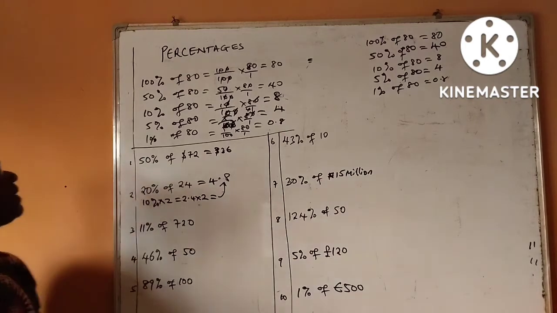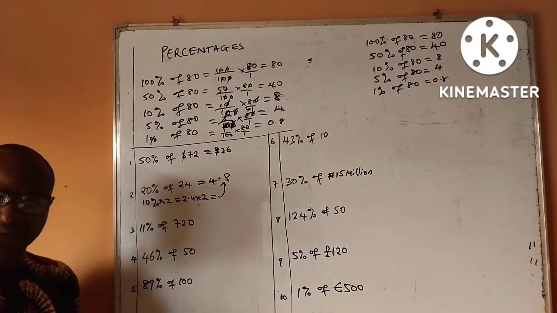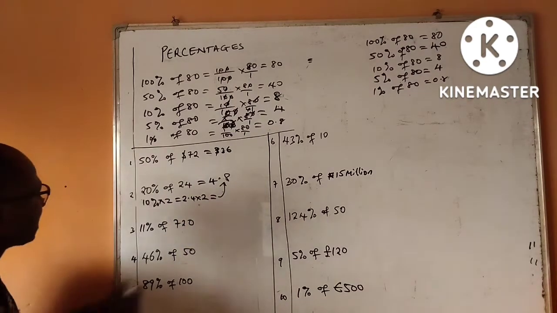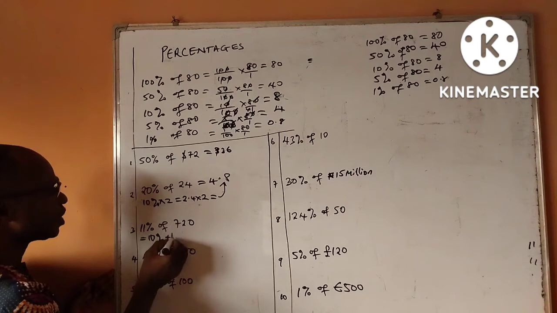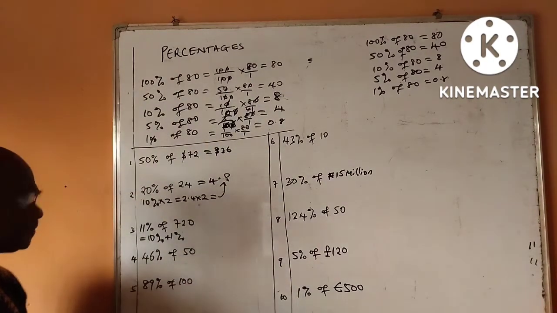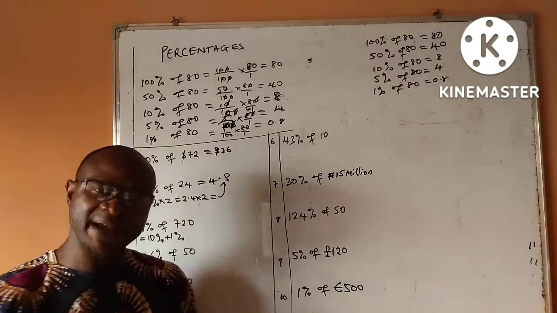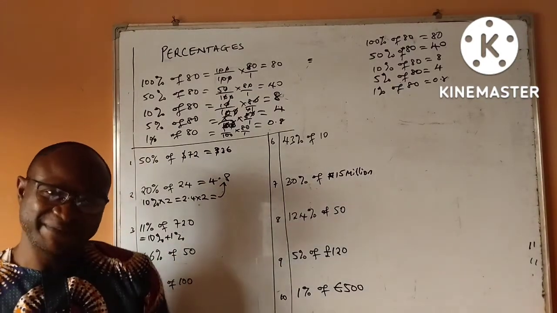Let's come to question number 3. I have 11% of 720. I want you to see that 11% is the same thing as 10% plus 1%. If you look at what I have done, we say 10% is divide that number by 10, while 1% is divide that number by 100. Beautiful.